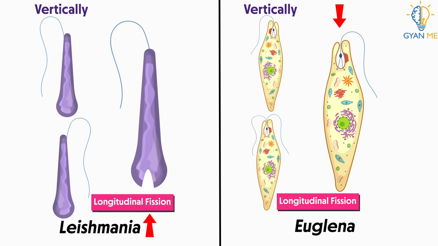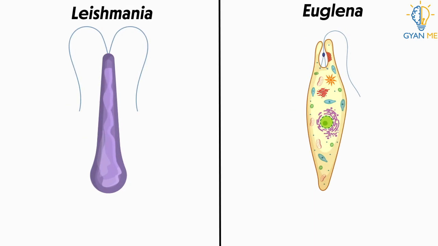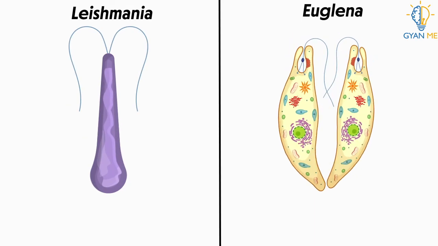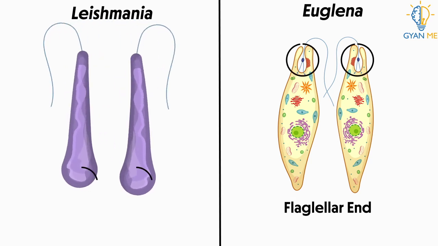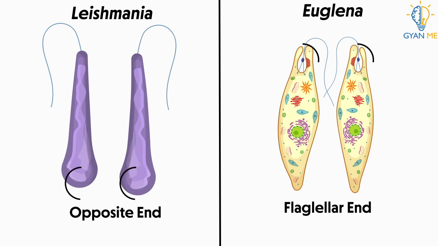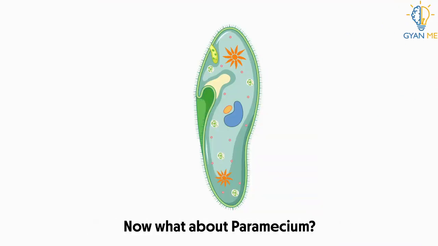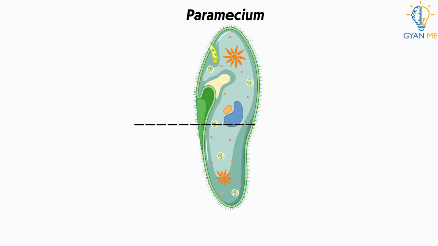Now students, also note one point. Binary fission in Euglena starts from the flagellar end, while binary fission in Leishmania starts from the opposite end. Now what about Paramecium? Splitting in them happens in the horizontal plane. And can you tell me why?